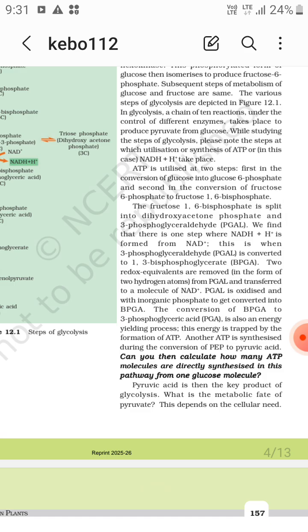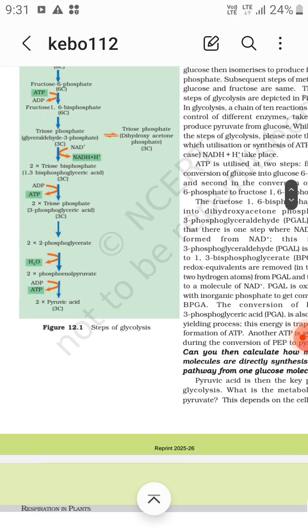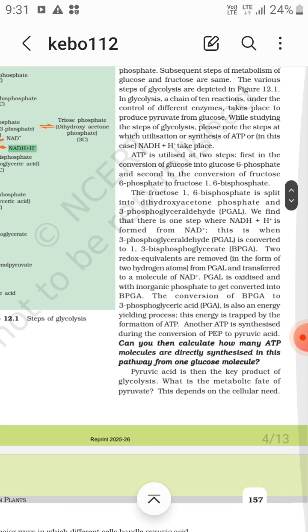It gives the redox equivalents in the form of 2 hydrogens, and gets itself oxidized and with inorganic phosphate converted into BPGA, that is 1,3-bisphosphoglyceric acid, right?